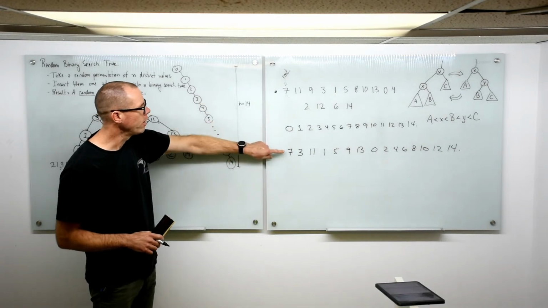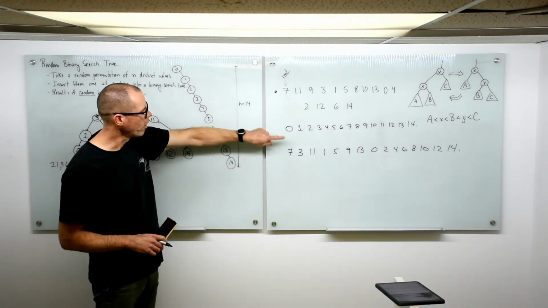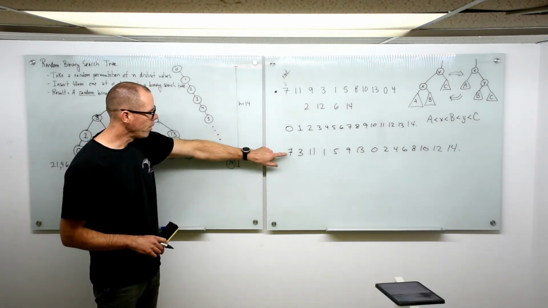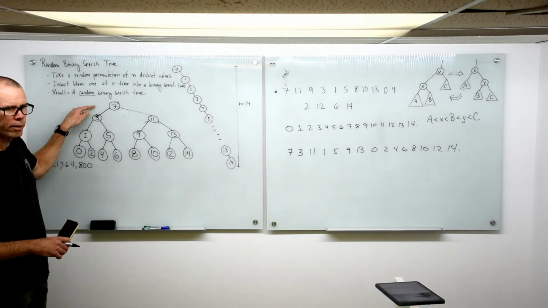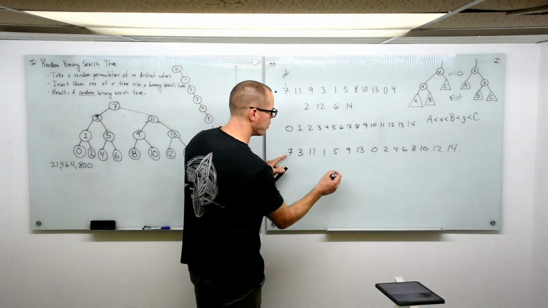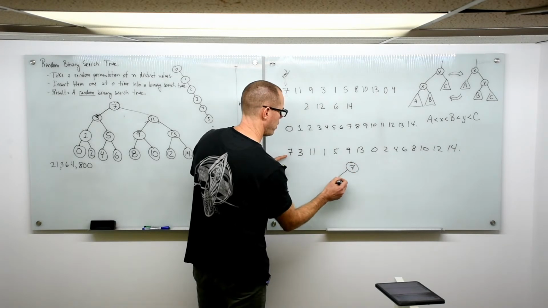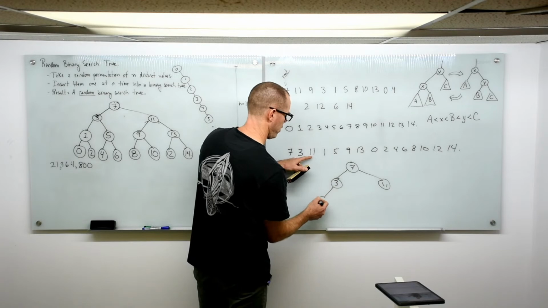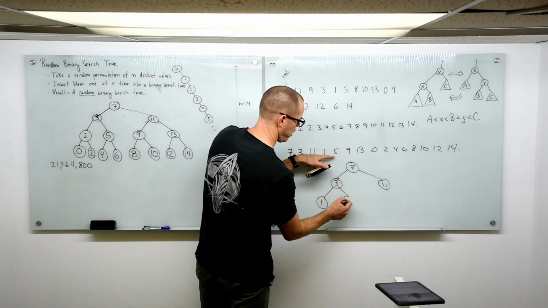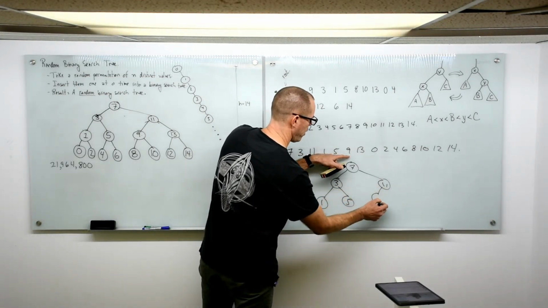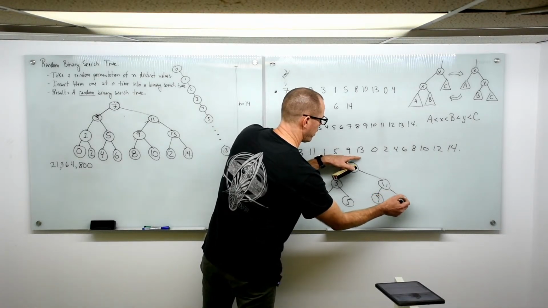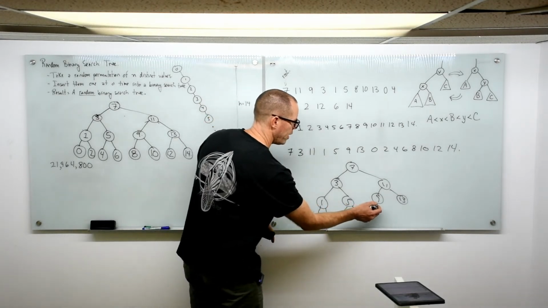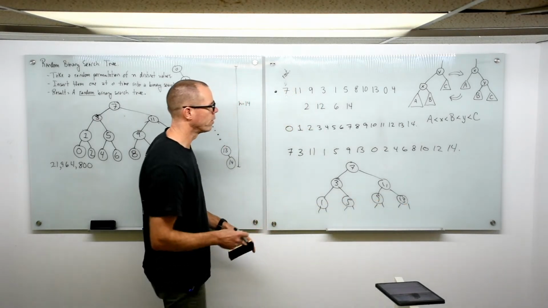The only thing that they really obviously have in common is that they both start with 7, but after that things get quite different. You'll see that I still end up getting the same tree. In fact, we can do the first few steps: 7, and then 3, and then 11, and then 1, and then 5, and then 9, and 13. And if I keep going, I'll attach all of these even numbers at the leaves here.